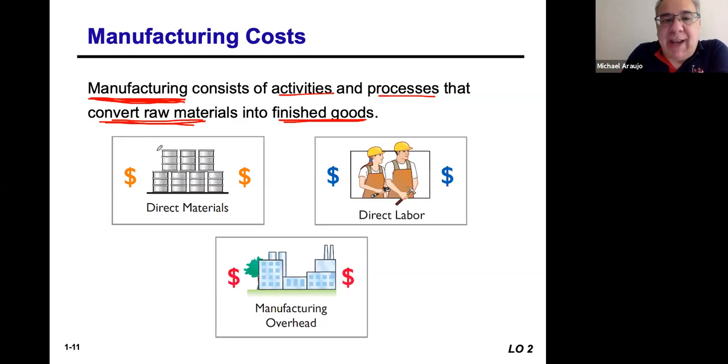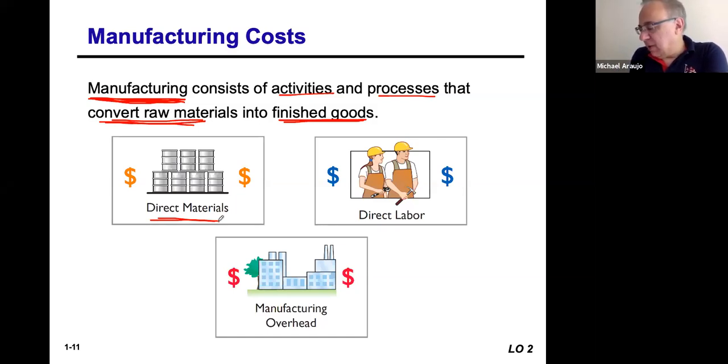So we look at 3 different costs, okay? First is the actual materials that we need to make what we're making. And so that's very, very important to know.